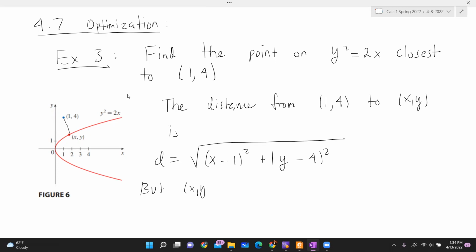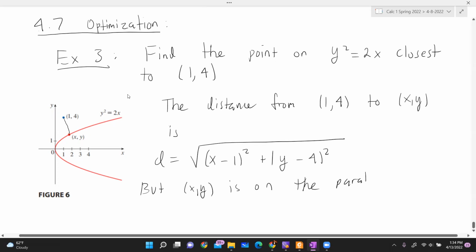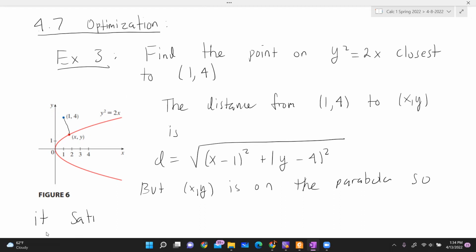But (x, y) is on the parabola, so the point (x, y) satisfies the equation y squared is equal to 2x, and you can solve for x to get this.